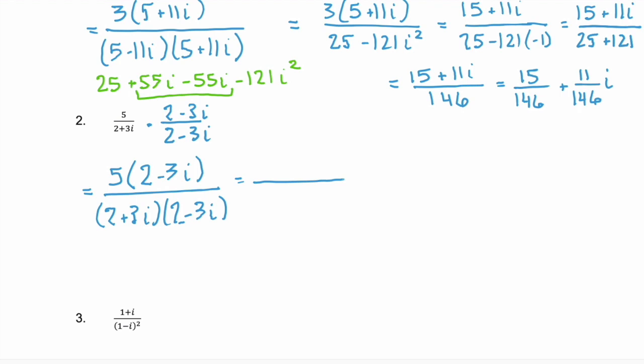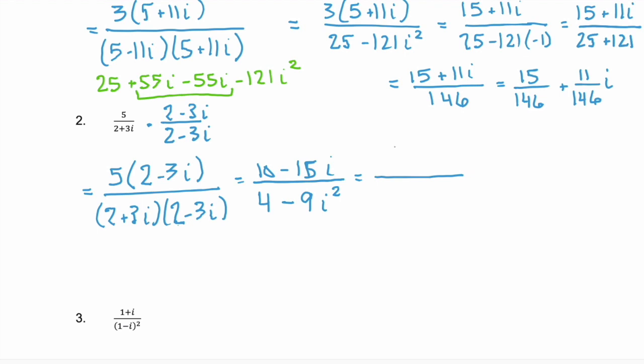We're going to distribute in the numerator to get 10 minus 15i. And in the denominator, we just need the first terms and the last terms. The first terms give us 4, and the last terms give us minus 9i squared.